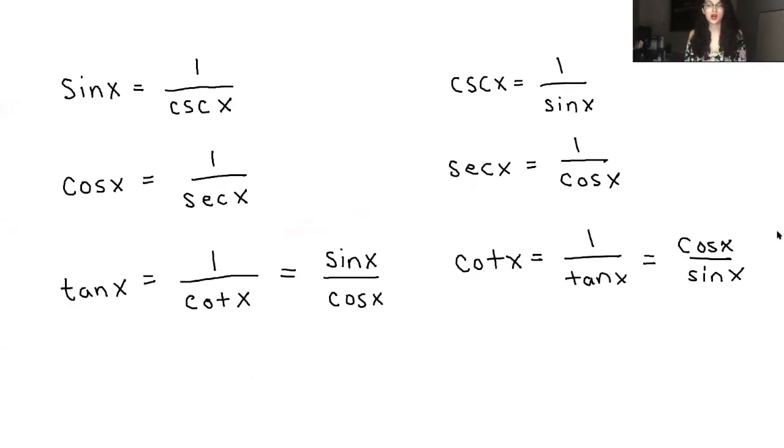So now looking back to these reciprocal identities, we also need to be able to use common trig identities to simplify or see a function in a different way to make it easier for you.